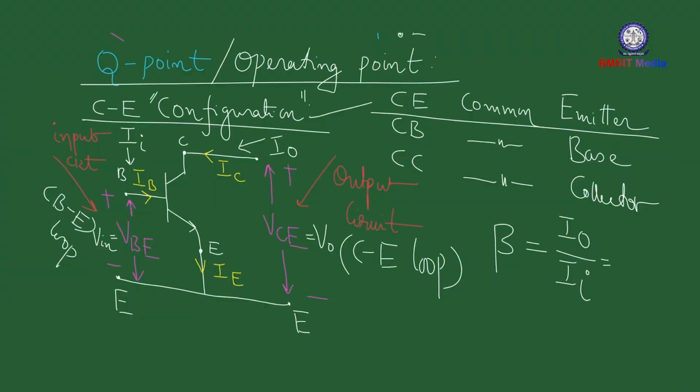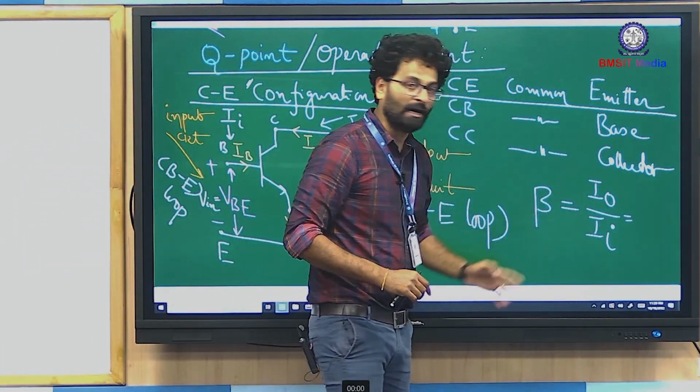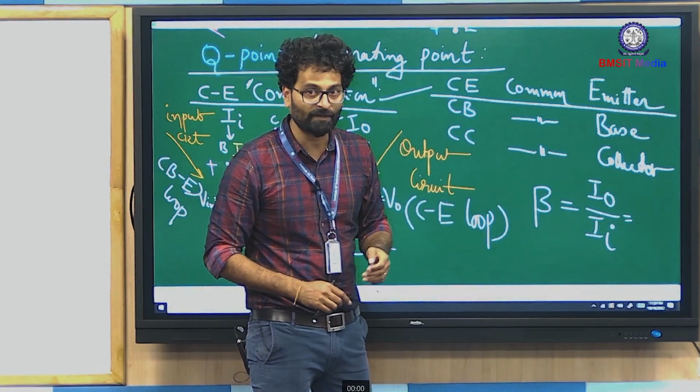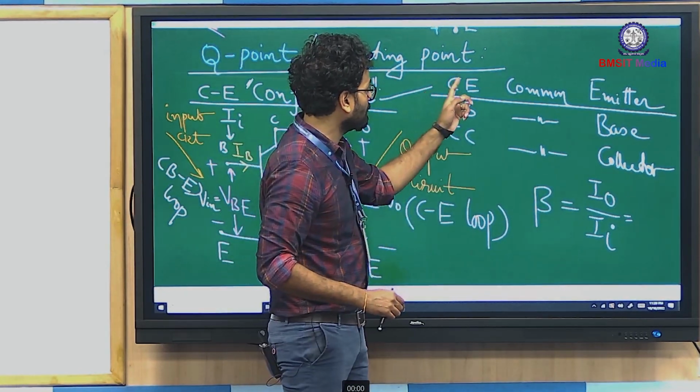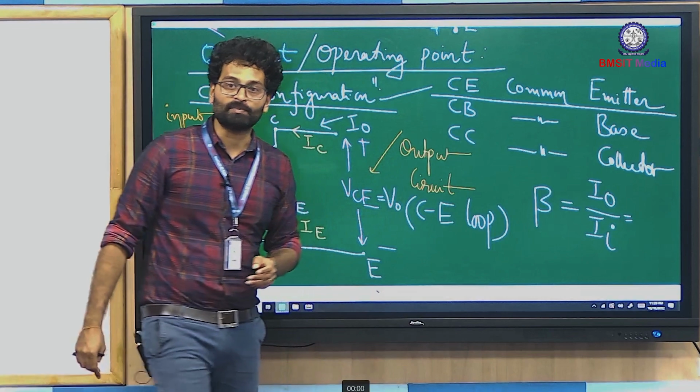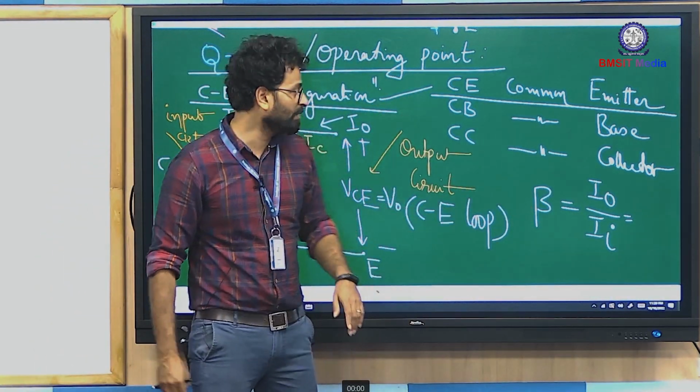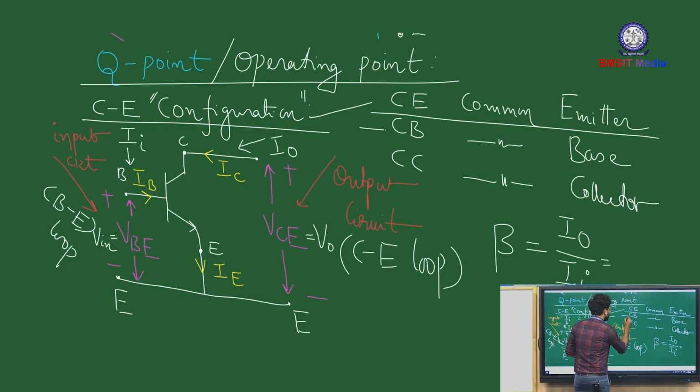Current gain of any configuration is found using this formula, I naught by I I. On the other hand, this Greek letter is configuration specific. For common emitter, the current gain is denoted by beta. If you talk about common base, the current gain is denoted by alpha, and for common collector, the current gain is denoted by gamma.